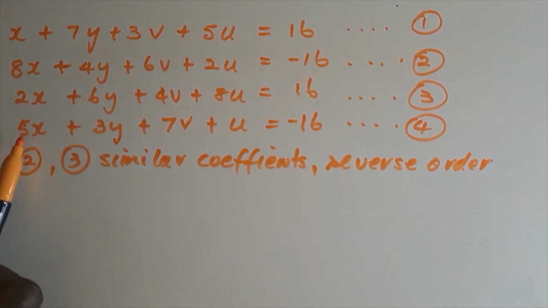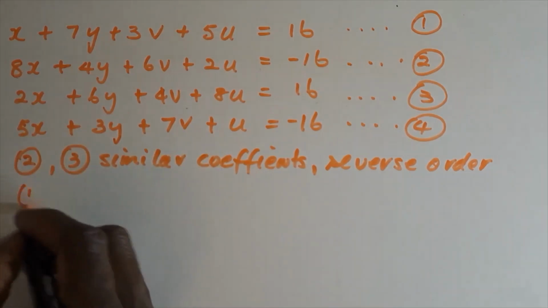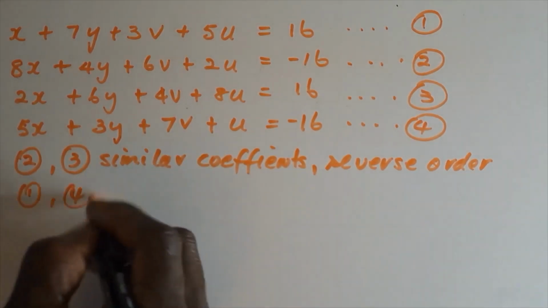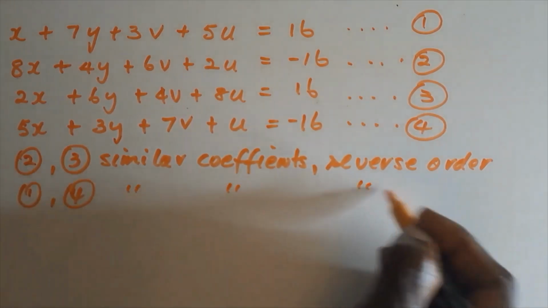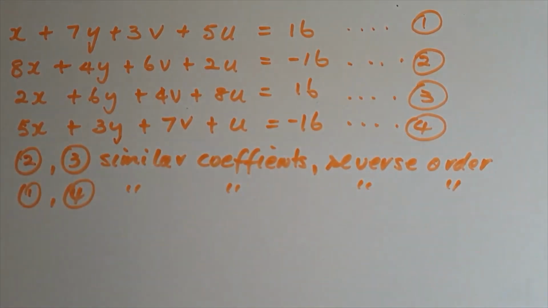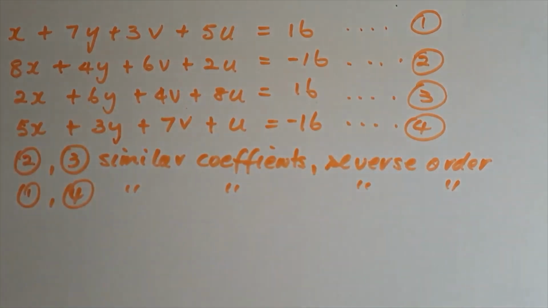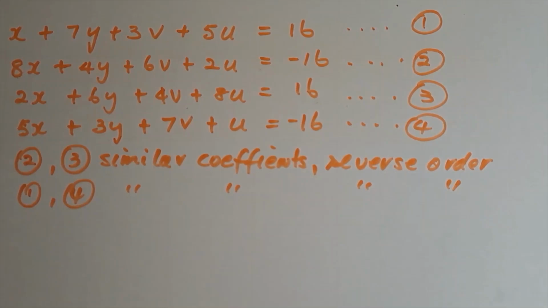And we have the reverse here, 5, 3, 7, and 1. So 1 and 4 also show a similar pattern emerging. If we look at the right-hand side, we have equations 2 and 4 with similar right-hand sides, and opposite sides for 1 and 3.